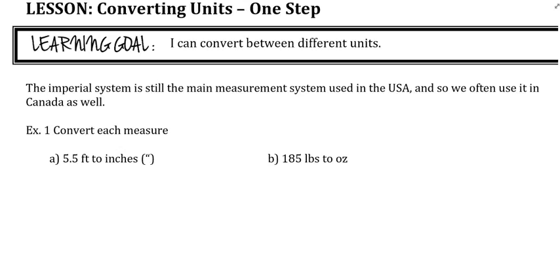And so it's common to hear that in Canada. A lot of people know their height in feet and not in meters or centimeters. A lot of people know their weight in pounds, not in kilograms.